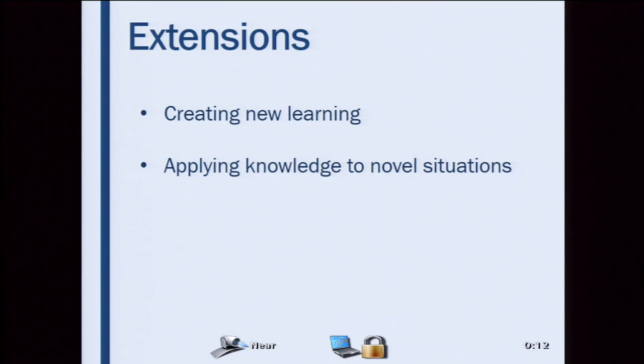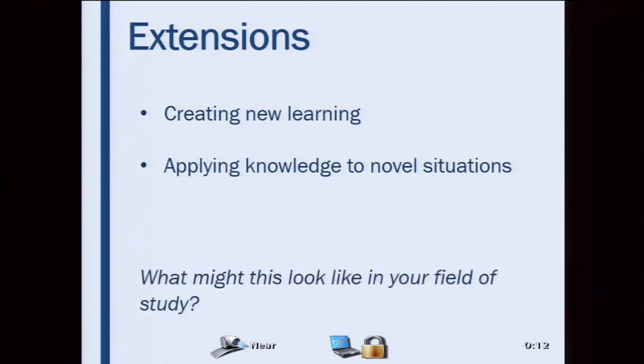Why is it important outside of the classroom? When you get to this level of extensions, I did say that a student might be using ideas or connections in order to solve these extensions. However, this shows that deeper set of learning. So again, I ask you, what might this look like in your field of study?